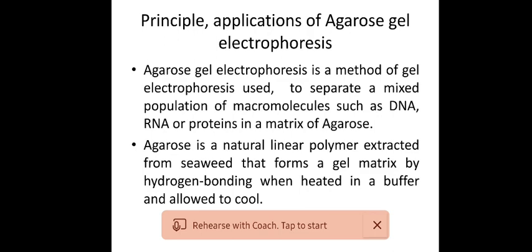So in electrophoresis, you are applying electric current and allowing the molecule to move in the opposite direction. For example, if it is a negatively charged ion, it will move towards a positively charged electrode. If it is positively charged, it will move towards a negative electrode.